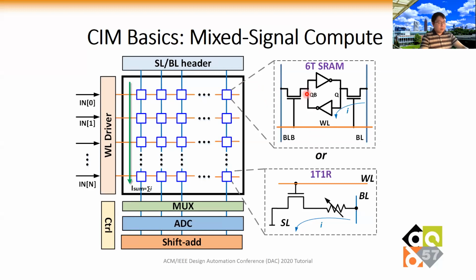In the SRAM, typically we can use the 6-transistor SRAM, and we can also modify the SRAM bit cell to enhance the functionality, as we will see later. In the RRAM or emerging non-volatile memory-based approach, typically we can have the 1T1R as a bit cell: one transistor controls one non-volatile memory element, for example, a variable resistor.